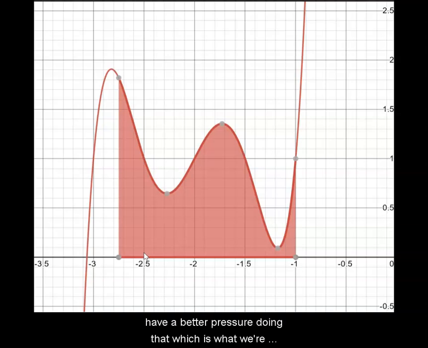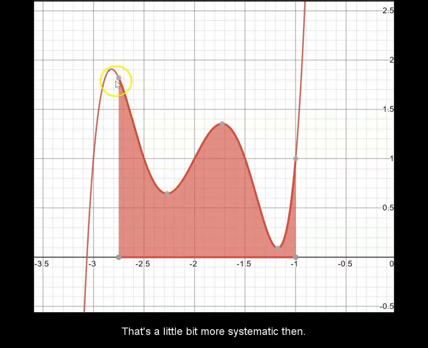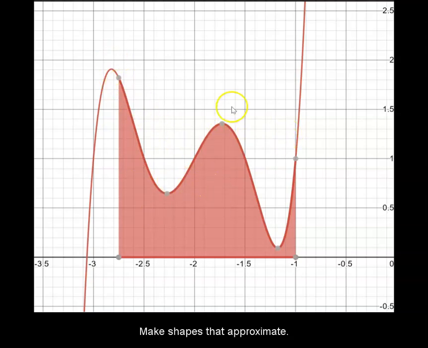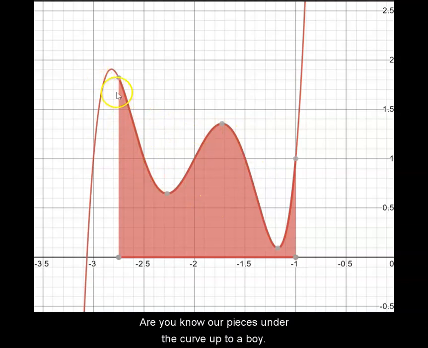So we have a better approach, which is what we're going to talk about throughout this chapter, chapter 5, that's a little bit more systematic than graphing our function by hand or analyzing it through Calculus 1 differential methods, and then trying to make shapes that approximate our pieces under the curve up to a point.